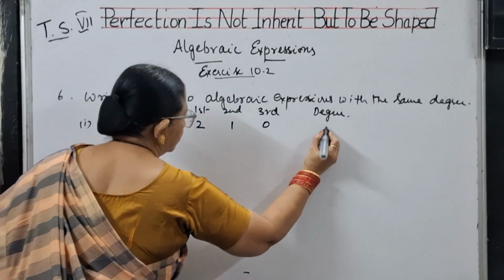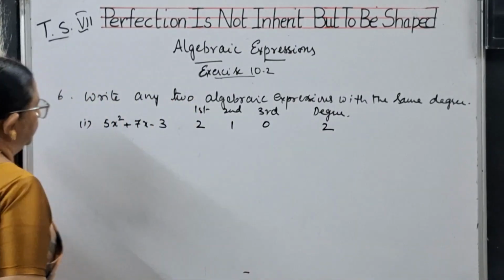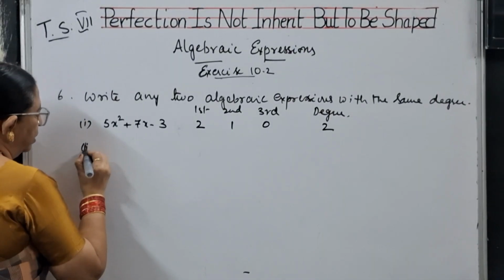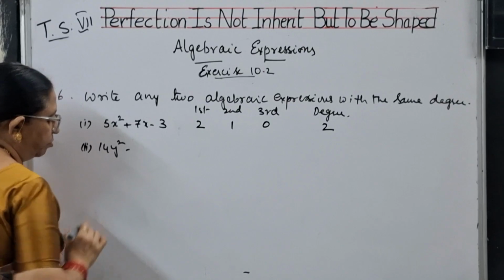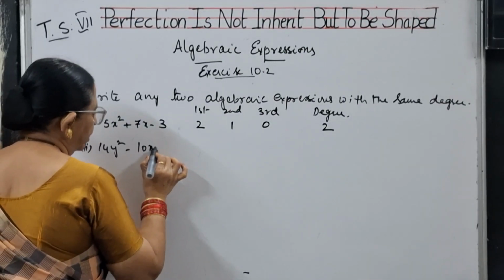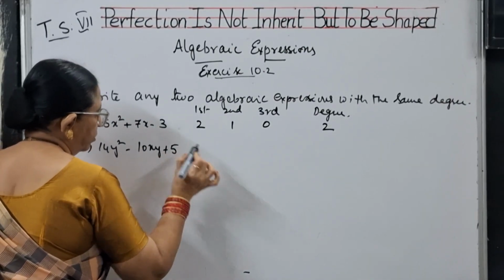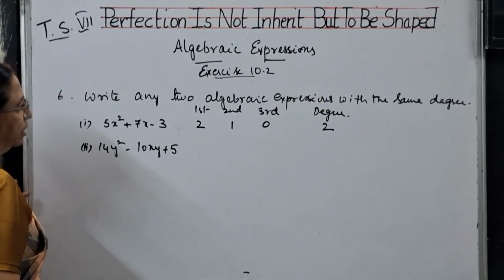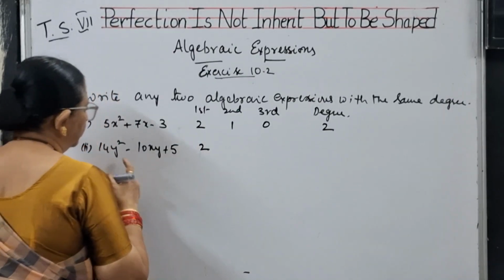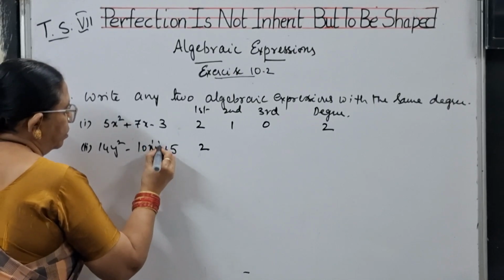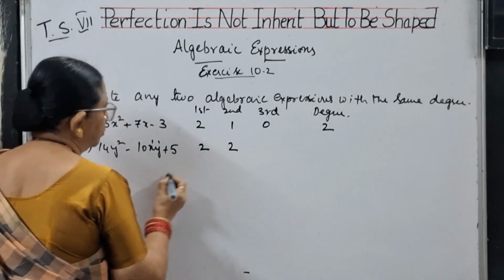So its degree is 2. The second one that I am taking here is 14y square minus 10xy plus 5. So I have got three terms here. First term is having degree 2. Second term is having 1 and 1, that is also 2.